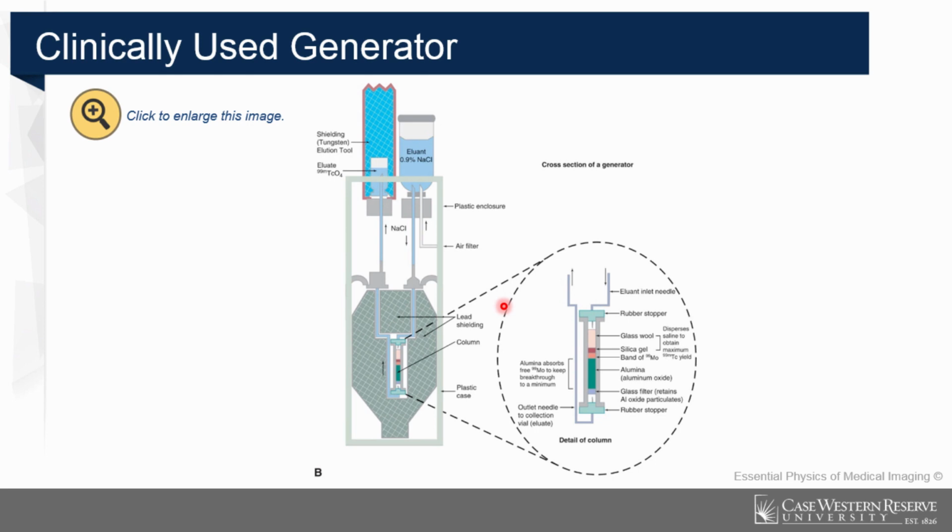And within this generator, you house parent radionuclides such as molybdenum, which has a longer half-life. It will decay into technetium-99m, which we will talk about next. It is the daughter one that is used here in the clinic of nuclear medicine. So what we do each day is you put some saline, milk it, and you take it out.